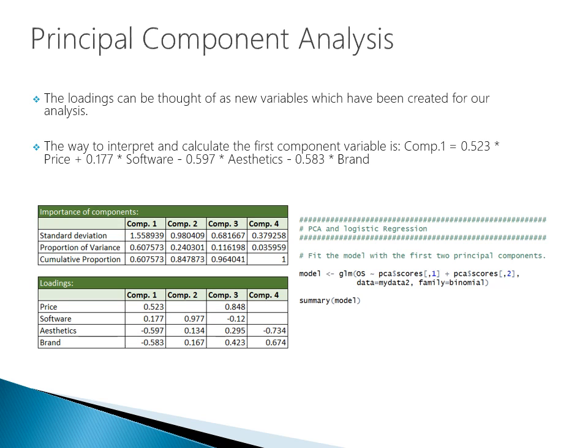I'm showing an example of some R code here to show how you can leverage principal components in an R model. This is a logistic regression model that I'm using, but what's important is that after the GLM in the parentheses, we have our dependent variable, OS, and our independent variables, which are now these principal components.